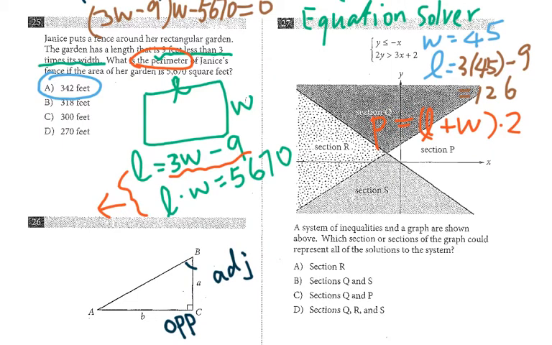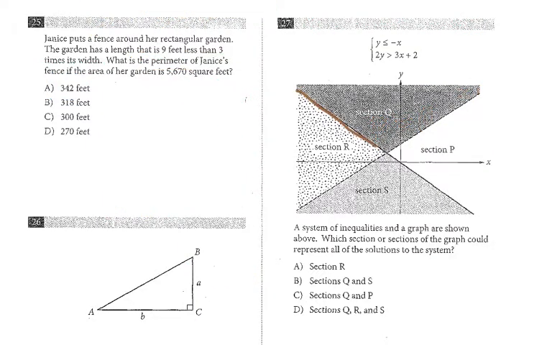For 27, first of all, we know y less than or equal to negative x is this line. So for this line, it's less than. Less than means below. Below you have 2 sections. Then we find another line like this.